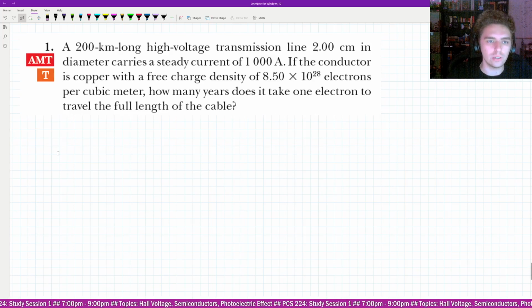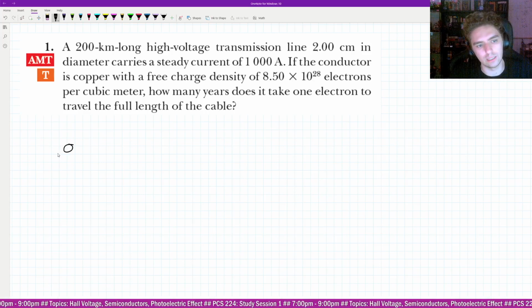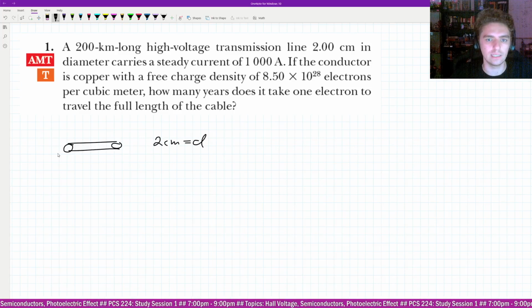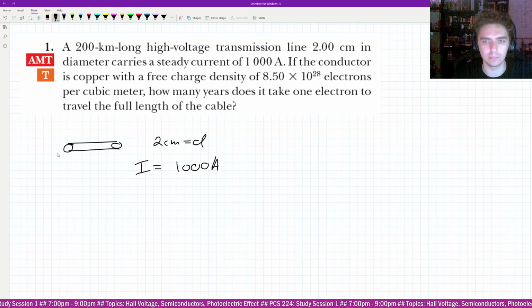A 200-kilometer long high voltage transmission line, which is a cylinder, 2 centimeters in diameter, carries a steady current of 1 kiloamp, so the current is equal to 1,000 amps.